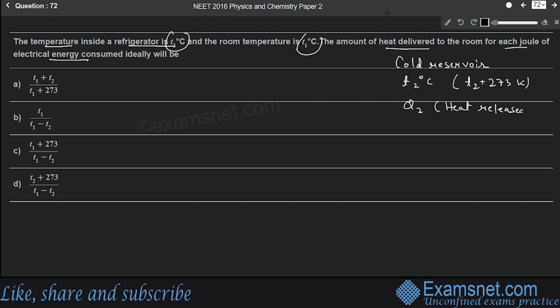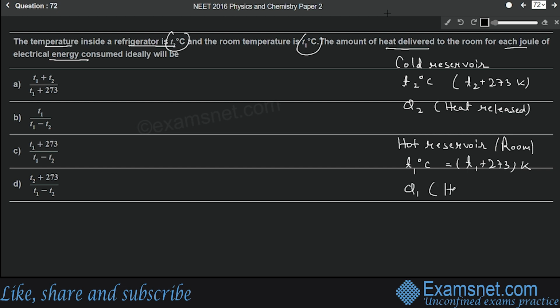If we talk about the hot reservoir, what is the hot reservoir here? The room. So the room temperature is given as T1 degrees Celsius, that is equal to T1 plus 273 Kelvin, and the heat delivered to the hot reservoir, that is the room, will be Q1.